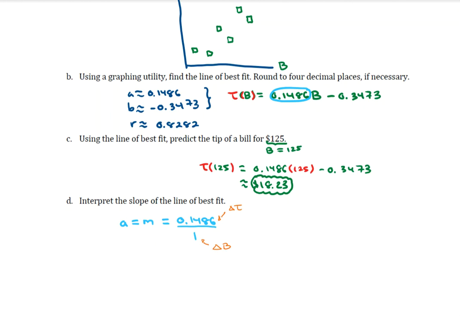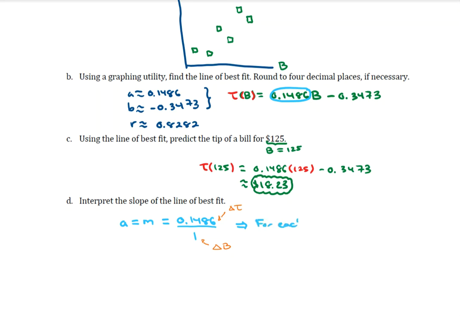So what this all means is that as the bill increases by $1, the tip is also going to increase by roughly $0.1486, or roughly 15 cents. So I'm going to write it out this way.